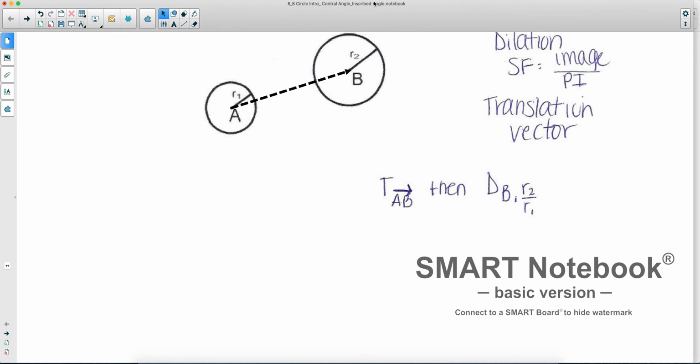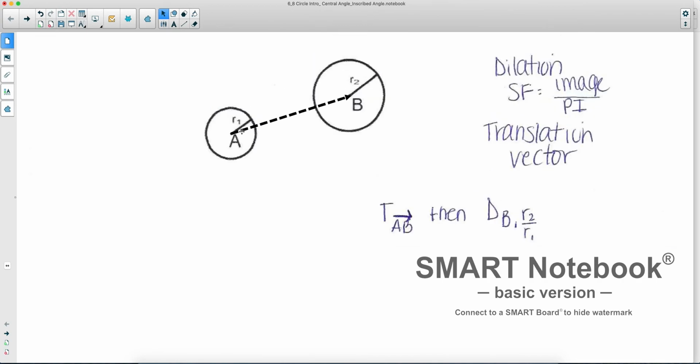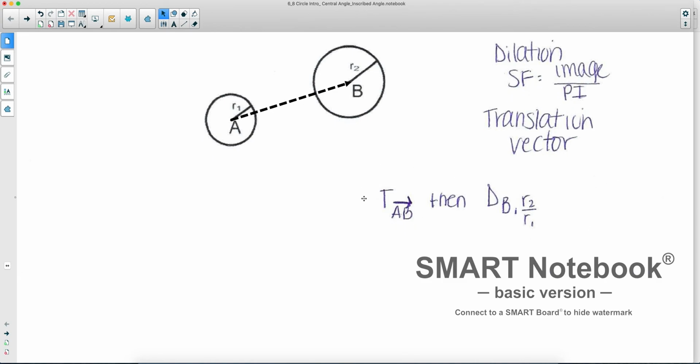Our dilation is over here at circle B, and it's image over pre-image, so it's R2, this radius, over R1, that radius. It's the radius of the image over the radius of the pre-image. We don't have any numbers to say dilate by a scale factor of 2 or 3 or 2.5. So we simply say whatever this radius length is over that radius length gives us the scale factor. This is an example of how we translate, then dilate to perform similarity transformations.